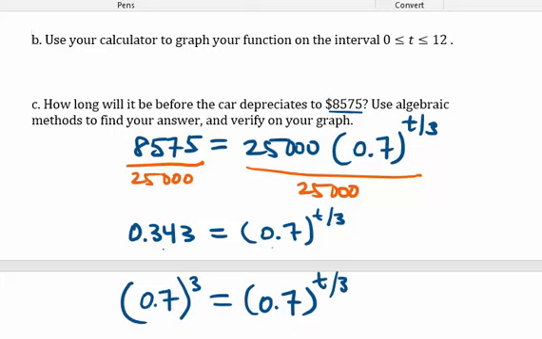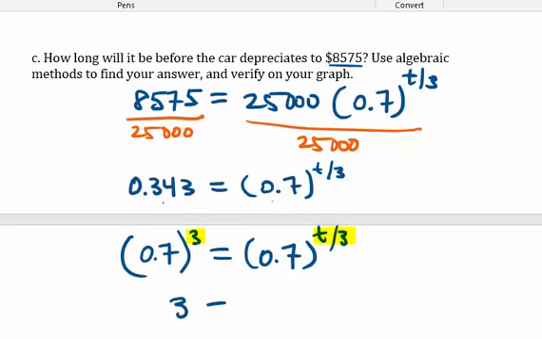And now, if these bases are equal in the equation, the exponents must be equal as well. So that tells me that 3 equals t over 3, and then multiply both sides by 3. So we get t is equal to 9.